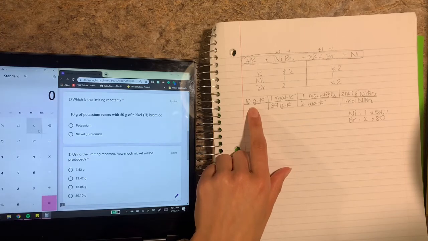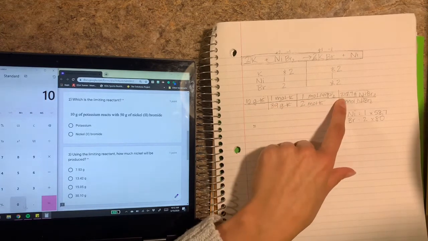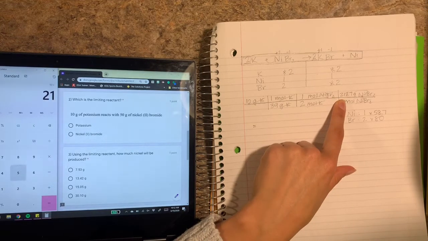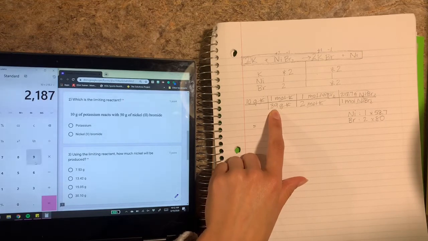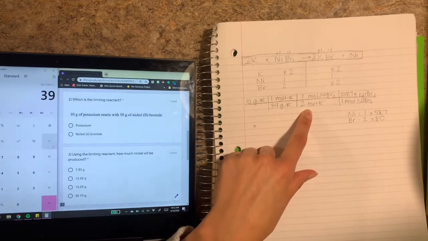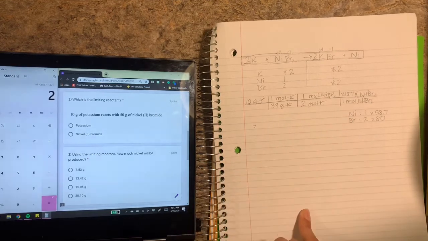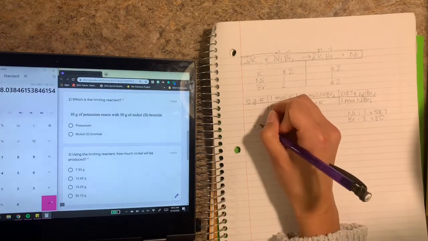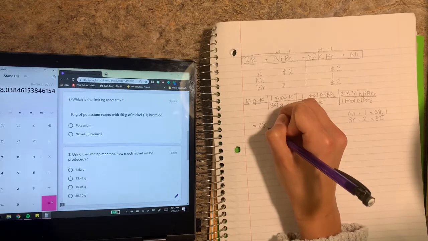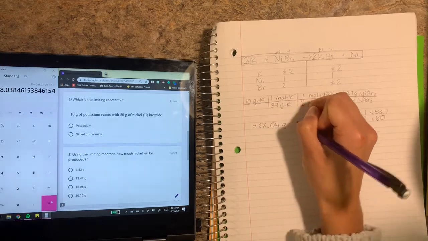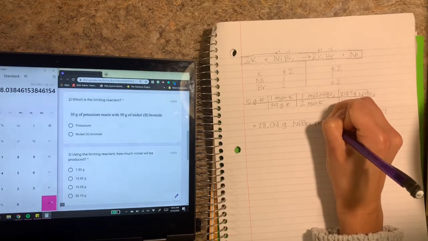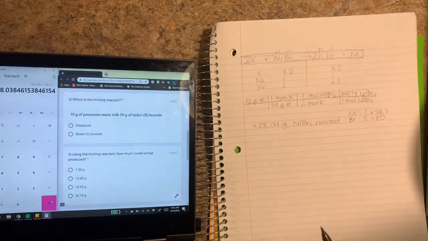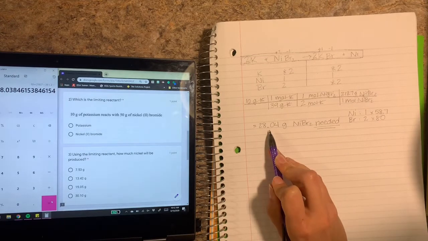So we are going to do 10 times 1 times 1 times 218.7 divided by 39 divided by 2 divided by 1 equals 28.04. That's grams of nickel bromide needed to react all of the potassium. Okay, so this is how much we need.